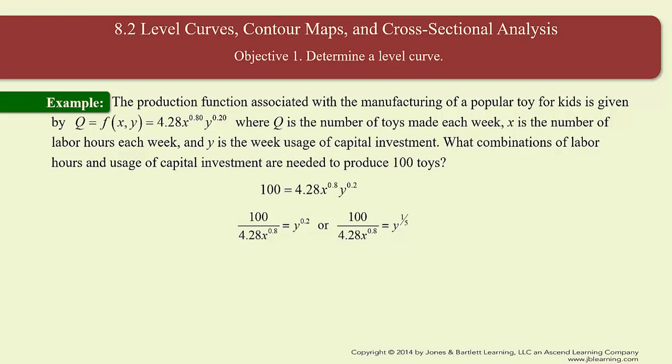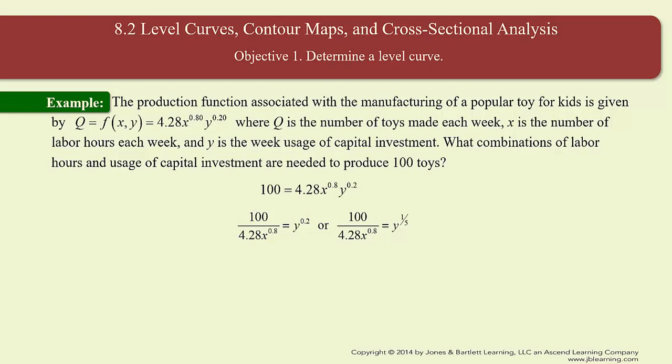So now to solve for y, I will raise both sides of the equation to the 5th power, because when y to the 1/5 gets raised to the 5th power, we end up with just y. In fact, it doesn't matter what that fraction is.